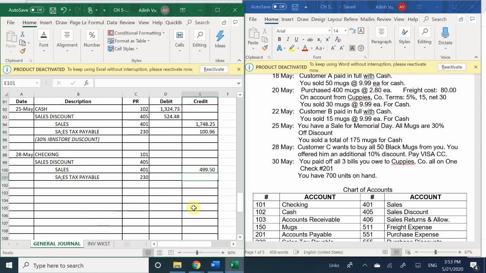So 50 times $9.99, the original price, and then multiply that by the 10% discount, and you'll get $499.50. Oh, I got $49.95. $49.95 would be the discount.